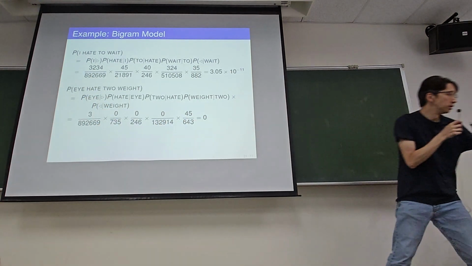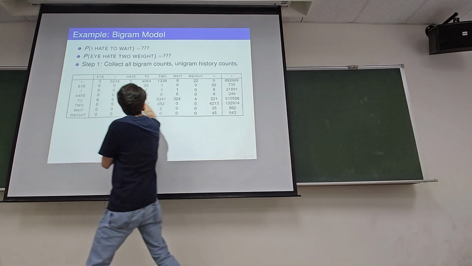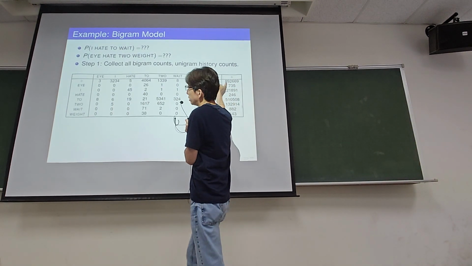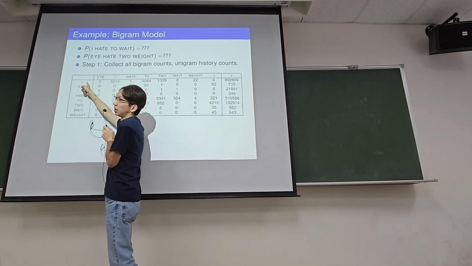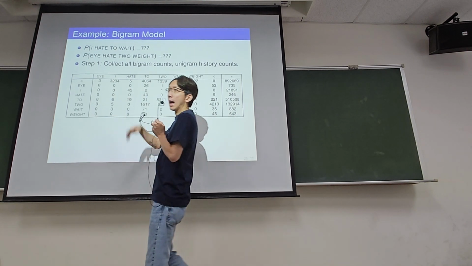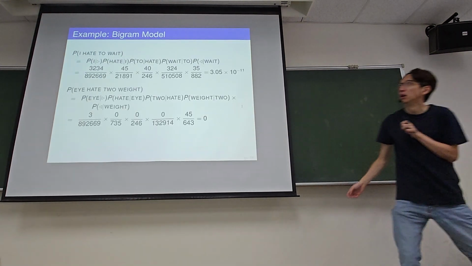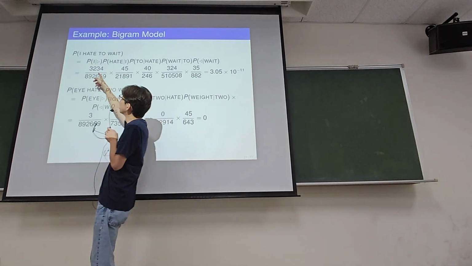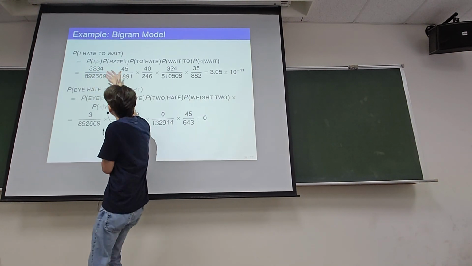There are 89,000 sentences, so there is always a start. Given the previous one is the start, there are 3,000 of them. So "I" as the first word in a sentence has probability 3,002 divided by 89,000.